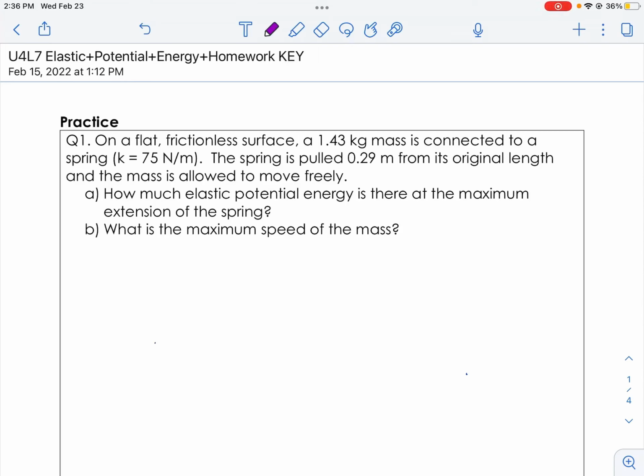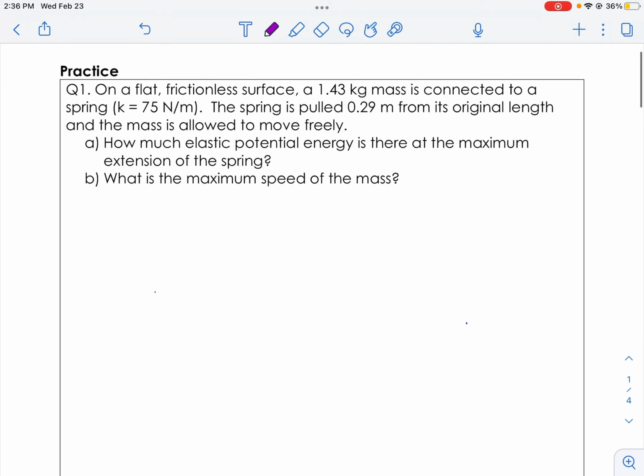Right, so this is Unit 4, Lesson 7's key on elastic potential energy. So we have, on a flat, frictionless surface, a 1.43 kilogram mass connected to a spring that has a spring constant of 75 newtons per meter.